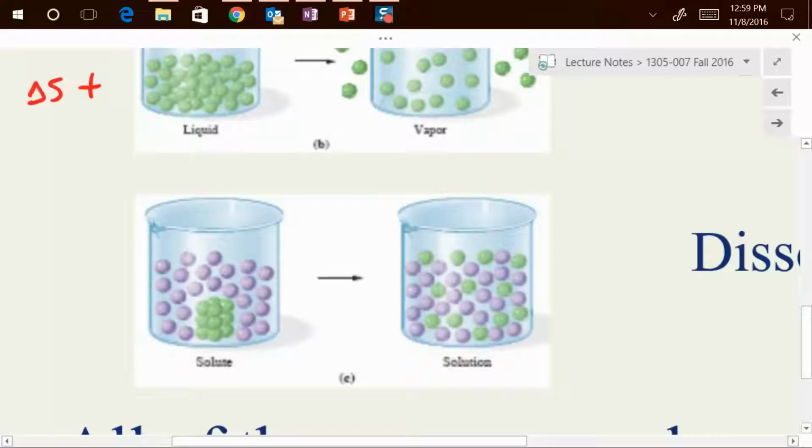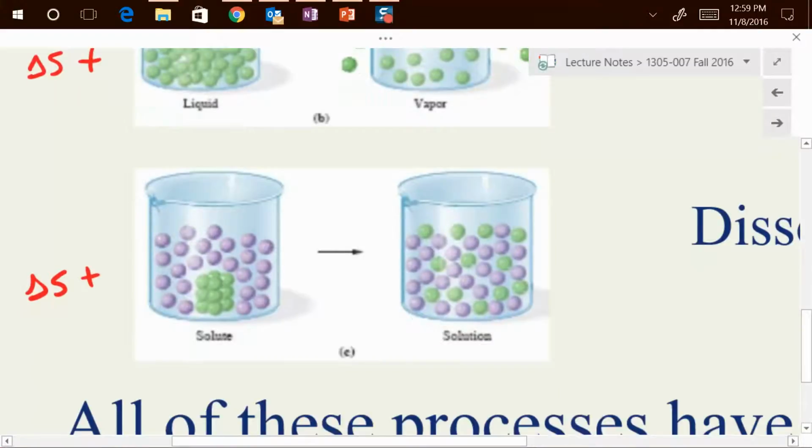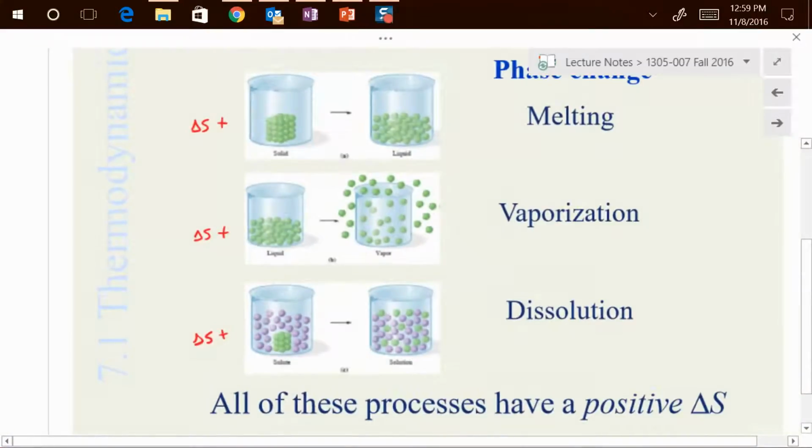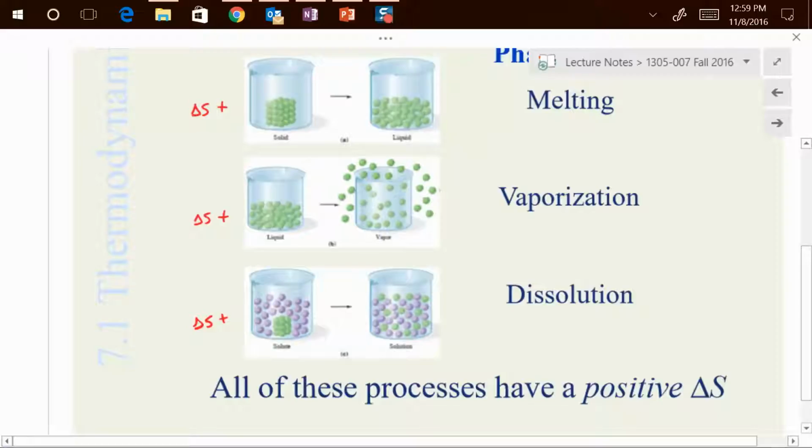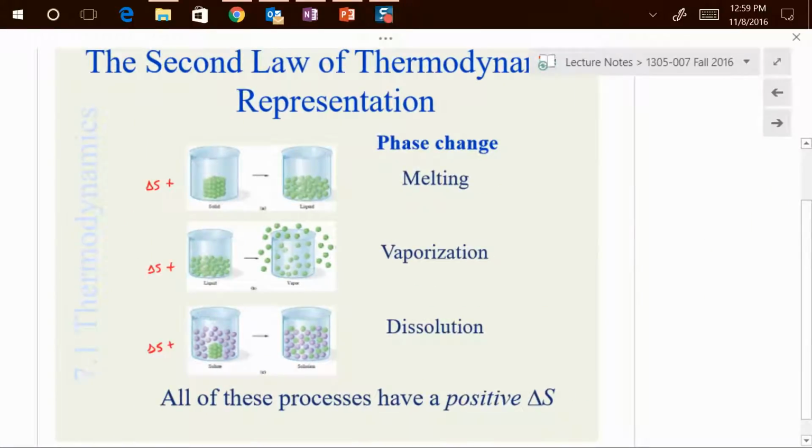What happens to it? It gets broken apart. So we would say that delta S there is also positive. Okay? So we have positive delta S's for all three of those situations.